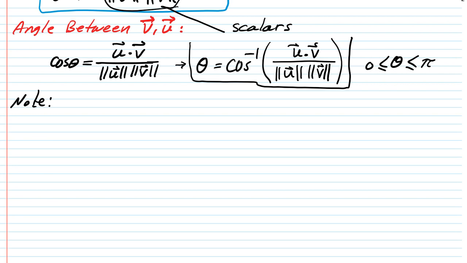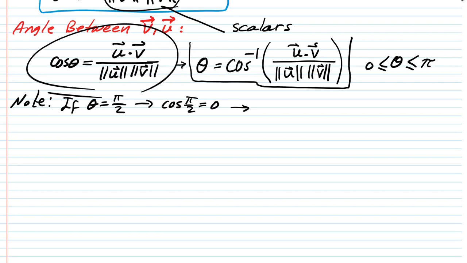Now, a couple of things to note here. One, the first note is that if theta is pi over 2, that means the measure of the angle is 90 degrees, correct? Right angle. Well, cosine of pi over 2 is 0, isn't it? Which means if I plug into this formula, I get 0 equals u dot v over magnitude of u, magnitude of v.